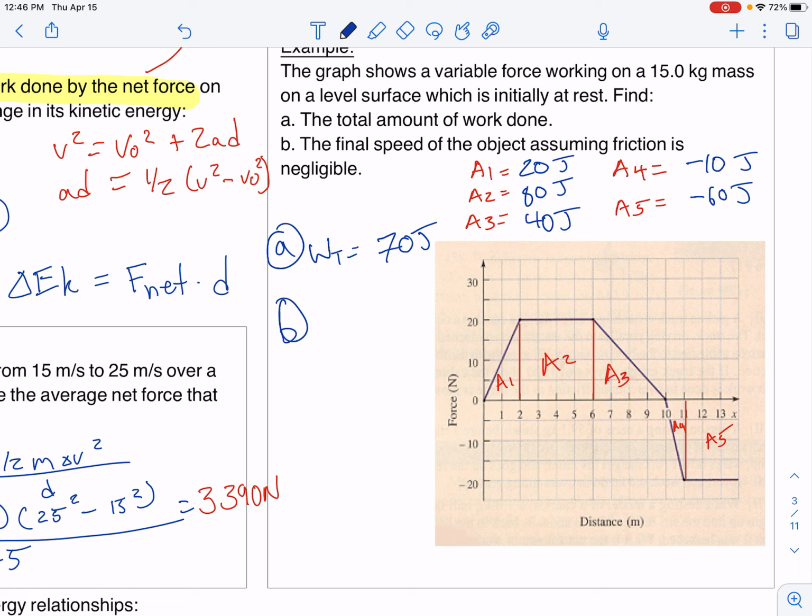And for B, remember that work is going to be our change in kinetic energy. So we're trying to find the final speed, so final velocity.